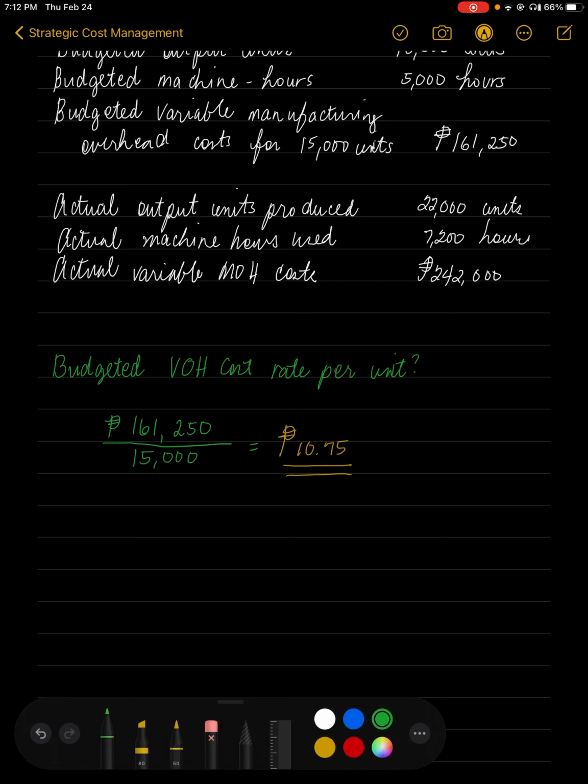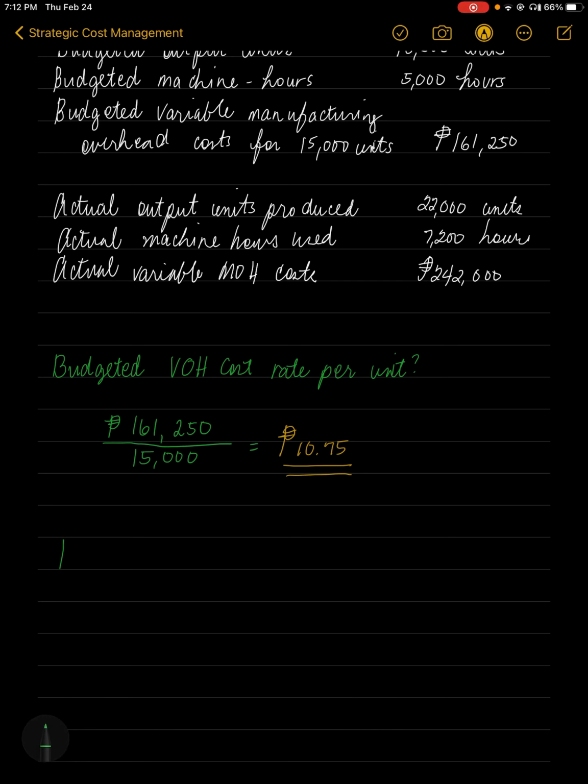Now, if the question is what is the flexible budget for variable overhead or variable manufacturing overhead. Since flexible ang tinitingnan, ibig pong sabihin nun, yung budget natin when it is being applied in the actual activity.